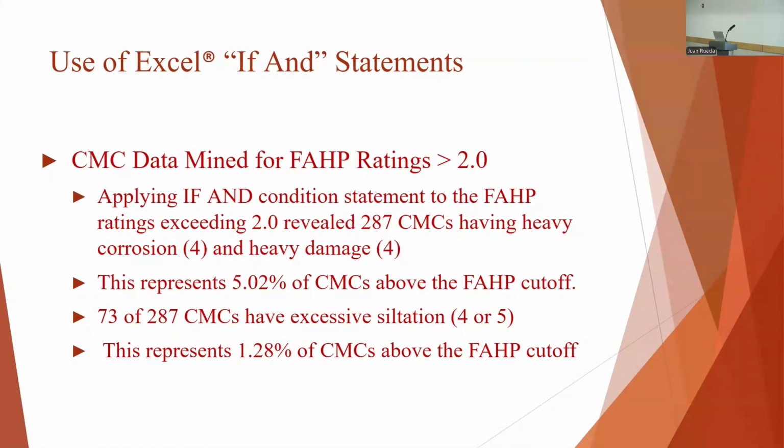We had about 287 metal culverts having heavy corrosion and heavy damage. That's about 5%. And if we look at siltation, corrosion, and damage, there were about 73 out of that 287 that had excessive siltation. So siltation is a big problem in the state of New Mexico for culvert maintenance.